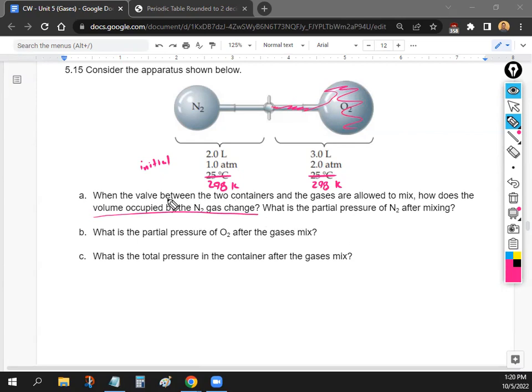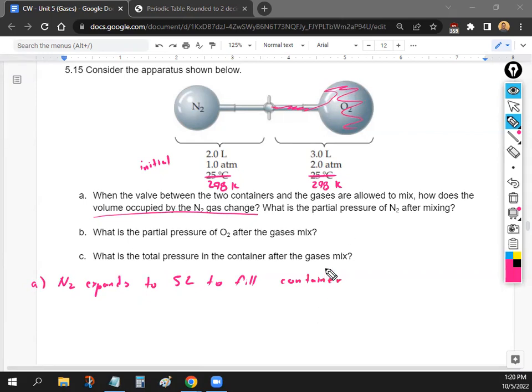Anyway, so how does the volume occupied by N2 gas change? Okay, so you could have described that as how the N2 gas will expand to fill the container. So N2 gas expands to 5 liters to fill the container. So that will be the answer to the first part. Okay, makes sense? Because gases expand to fill the rest of the container.